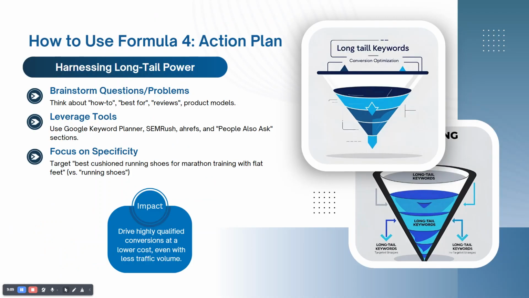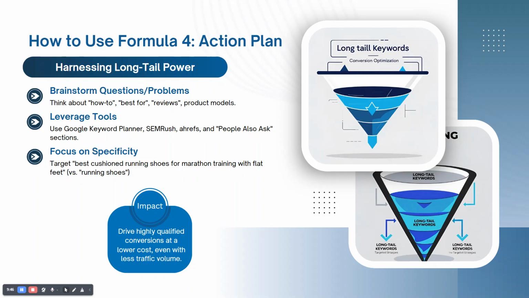So how can you use this formula? You can brainstorm questions and problems. You can think about what their questions are, what their problems are, like what they are trying to search. Think about best-of lists, reviews, and product models. Okay, you can find these keywords with tools like Google Keyword Planner, SEMrush keyword planner, Ahrefs keyword planner, and the People Also Ask section in the Google search results.